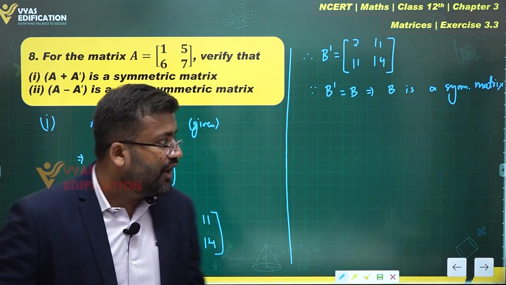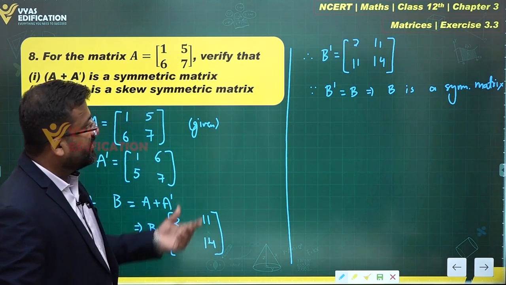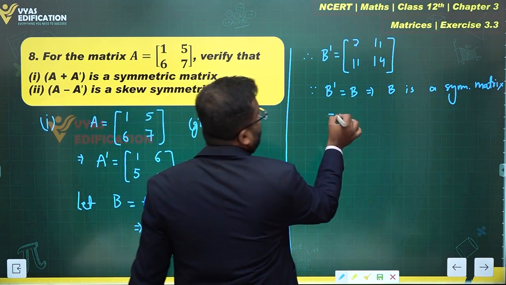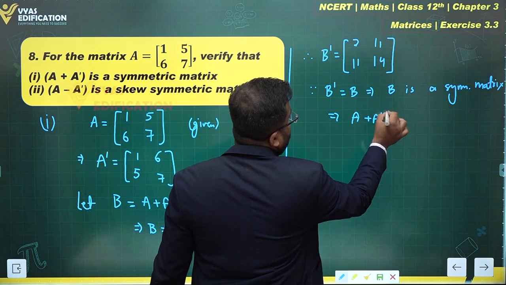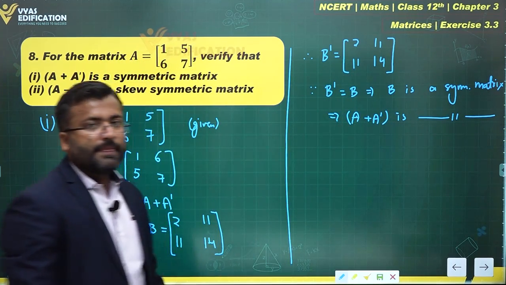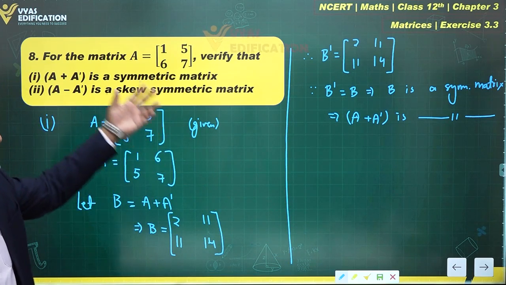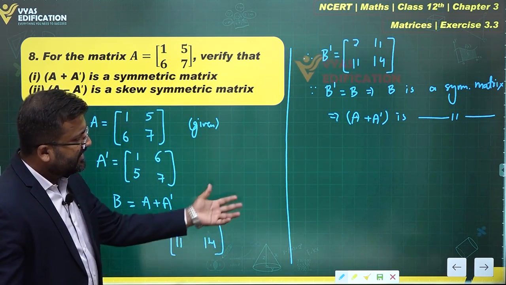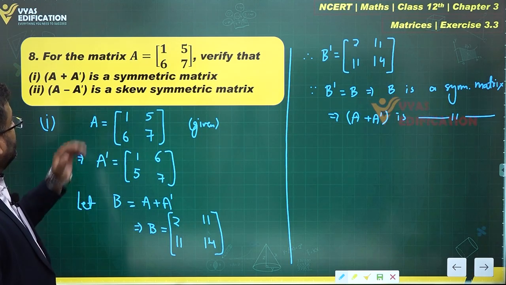B, or what we have called A plus A prime, implies A plus A prime is a symmetric matrix. And yes, that is all for the first part, as you may observe over here.